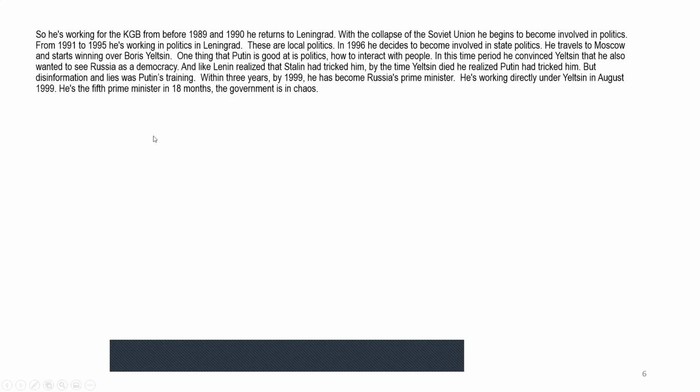Within 3 years, by 1999, he has become Russia's prime minister. He's working directly under Yeltsin. In August 1999, he's the 5th prime minister in 18 months. The government is in chaos.